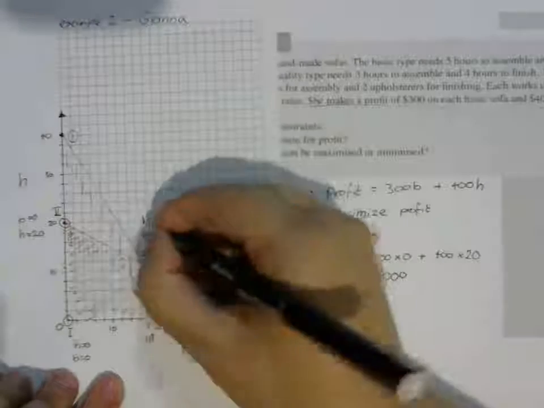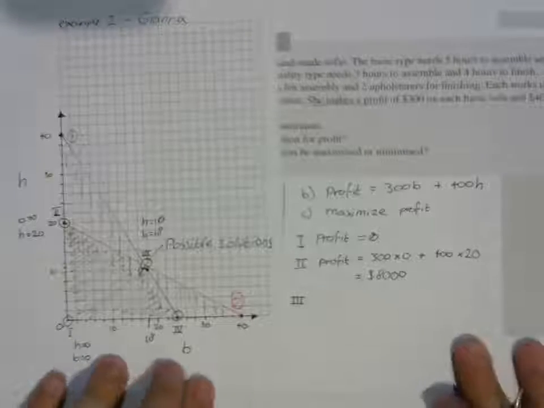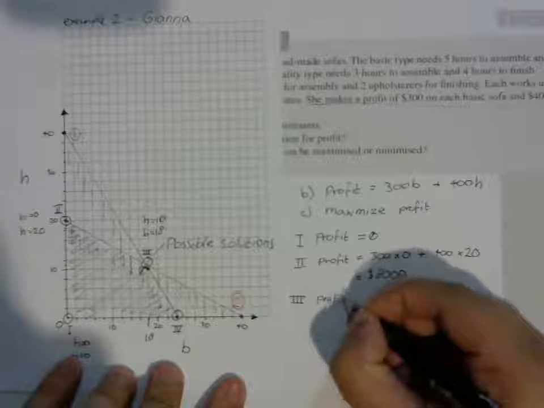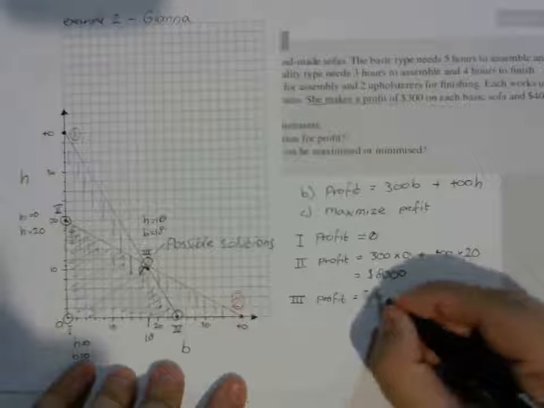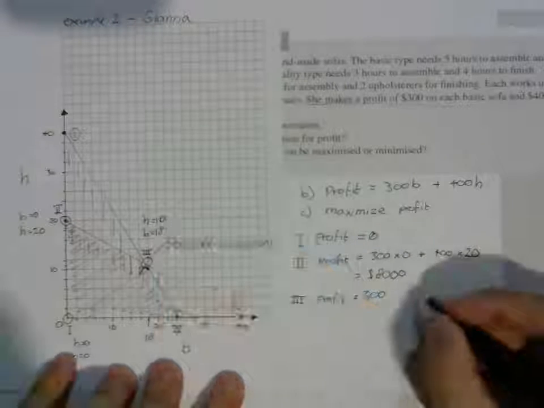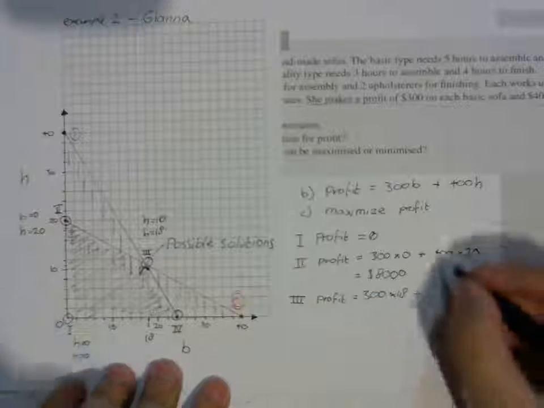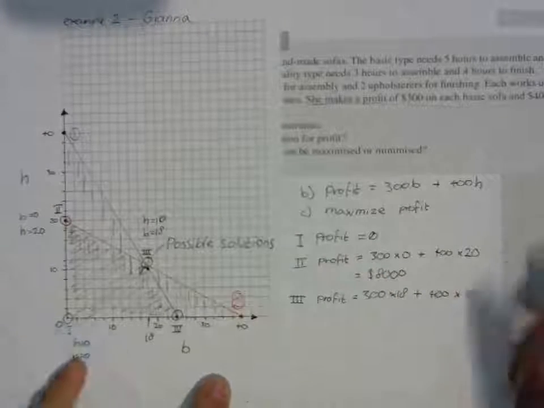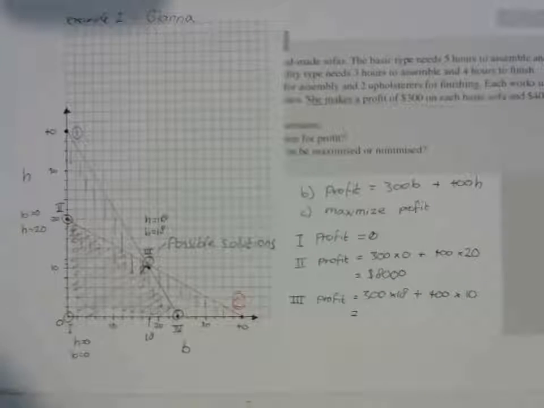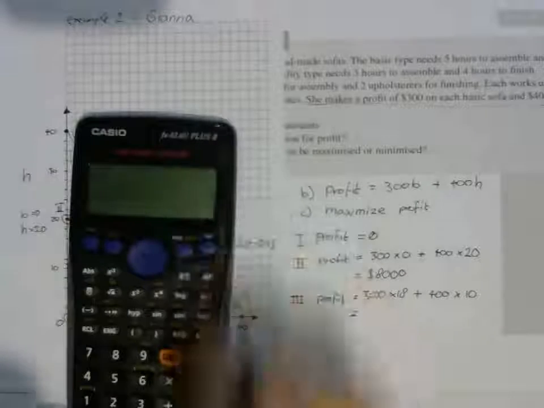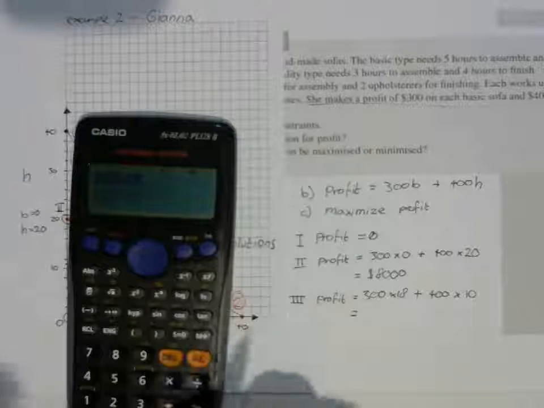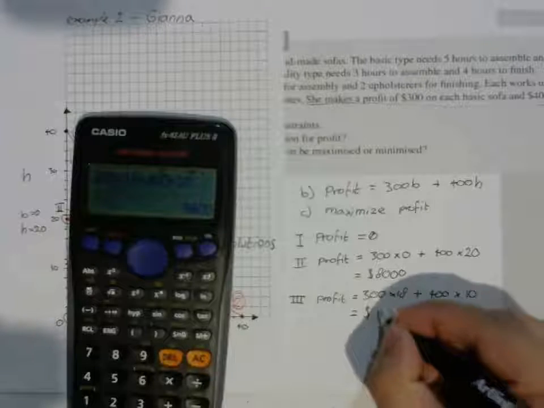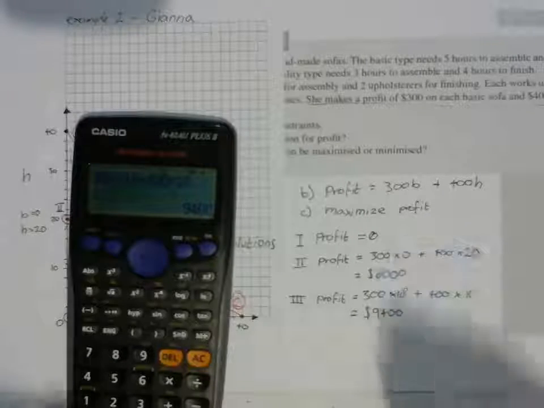We need to work with this point. H is 10. So at number 3, our profit is going to equal 300 times B, which is 18, plus 400 times H, which is 10. I'm going to grab my calculator. 300 times 18 plus 400 times 10 equals $9,400.